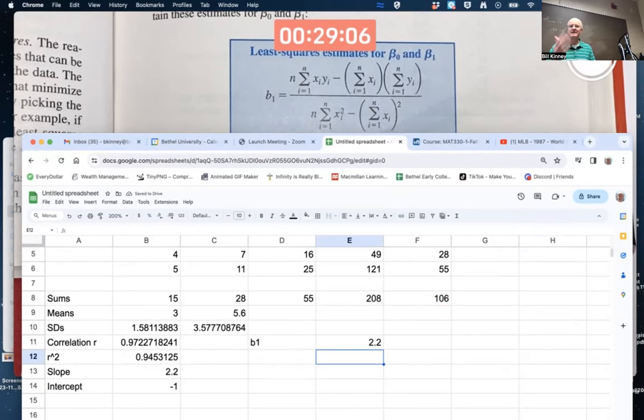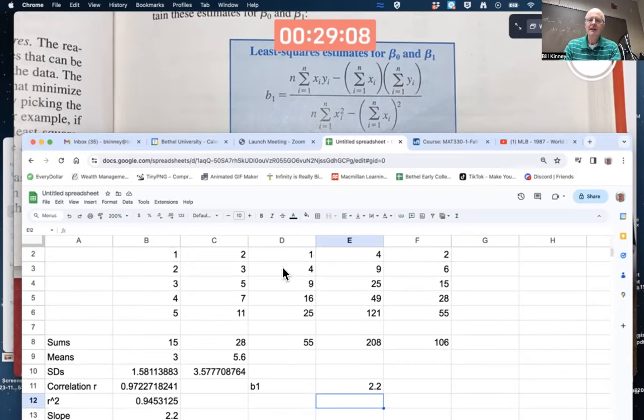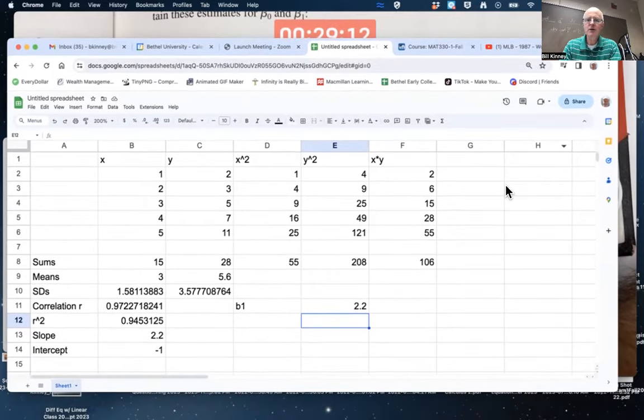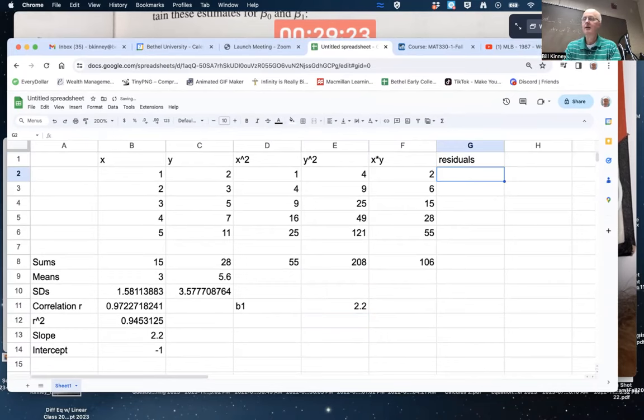To re-emphasize that formula again. Something else that's worth emphasizing here is that you can use this spreadsheet to figure out SSE. First, to figure out residuals. Oftentimes, when people try to apply the regression, they also graph the residuals. This is worth doing. What are the residuals that's worth reminding ourselves of?